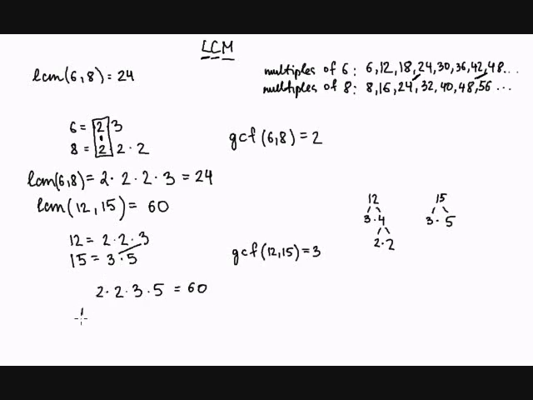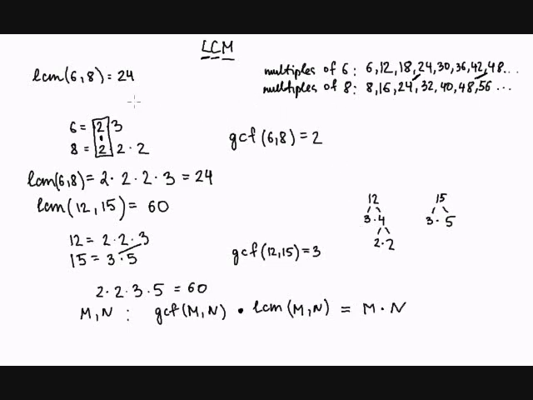If you have two numbers, let's say m and n, and you found the greatest common factor of m and n, and you found the least common multiple of m and n, if you multiply those two numbers, it will be equal to the product of m times n. Very nice property. So let's check this on our first example.